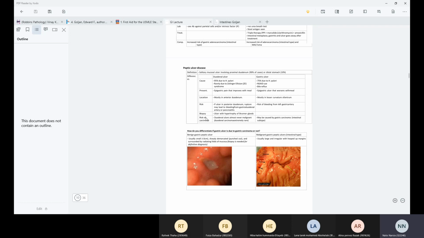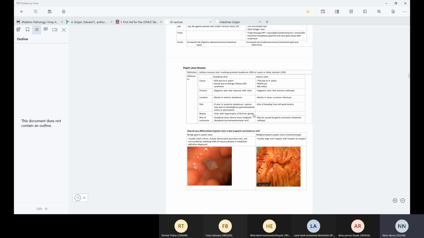That is important information. Biopsy: ulcer with hypertrophy of Brunner glands. Here the same as chronic bronchitis, guys. Okay, in duodenal ulcer, you find actually hyperplasia and hypertrophy of the Brunner glands. Brunner glands you find in the duodenal epithelium, and they produce this bicarb, right?